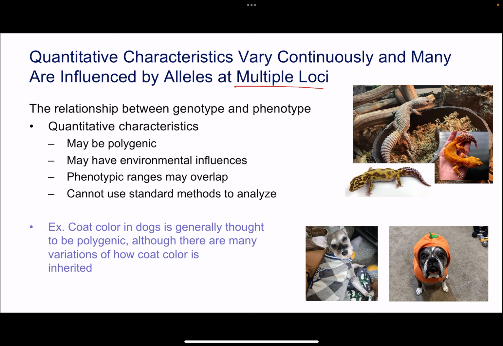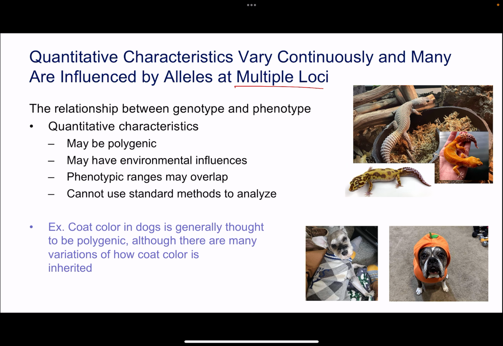So what we get is a lot of different factors, starting with a variety of different genes that are all affecting these quantitative characteristics. Quantitative characteristics are usually polygenic. Polygenic just means many genes. And so that's this case up here, multiple loci, where we have multiple different genes all affecting one characteristic.